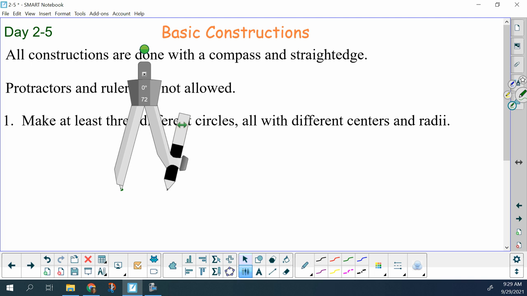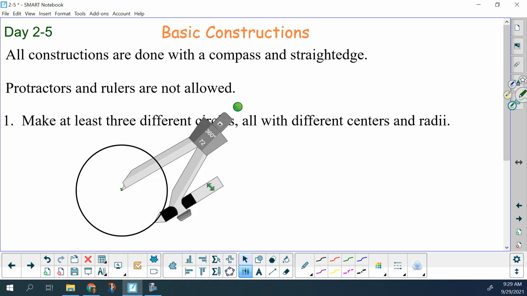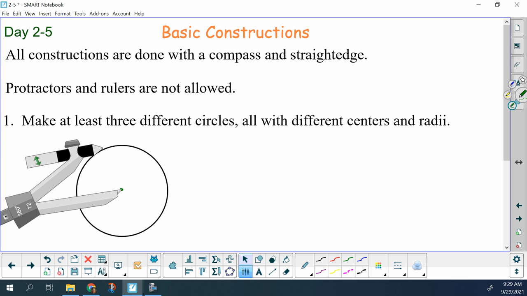All right, now there's lots of ways to spin the compass. Play around with it. Try to spin your compass so it makes a nice smooth circle. Anyone having trouble? One thing that I find is if you lay the compass down a little bit, it spins more easily.